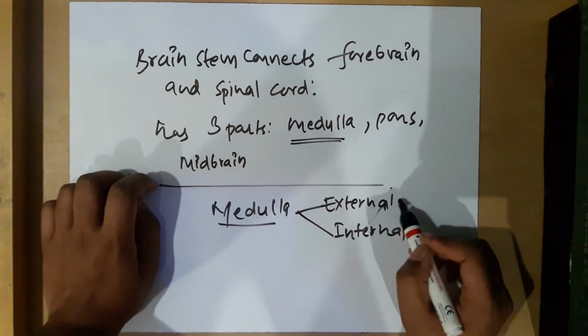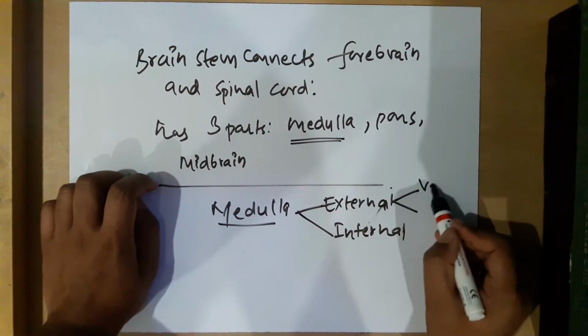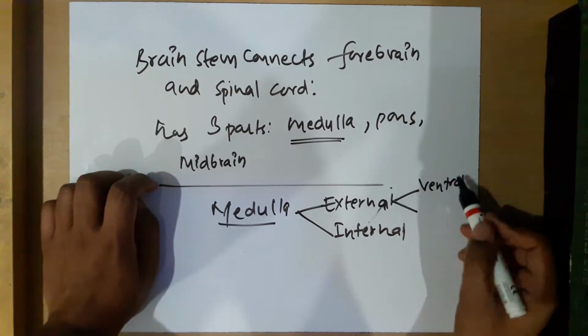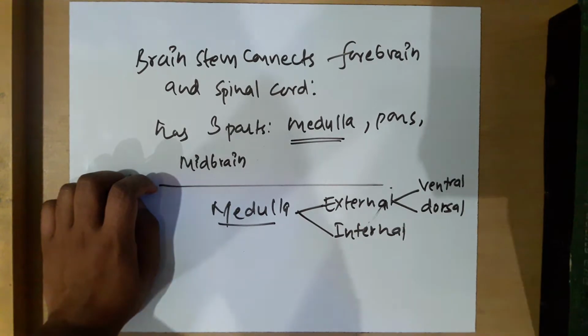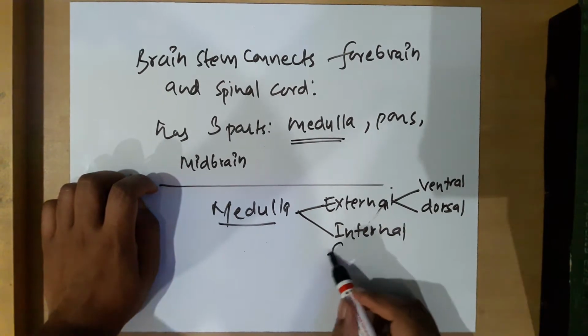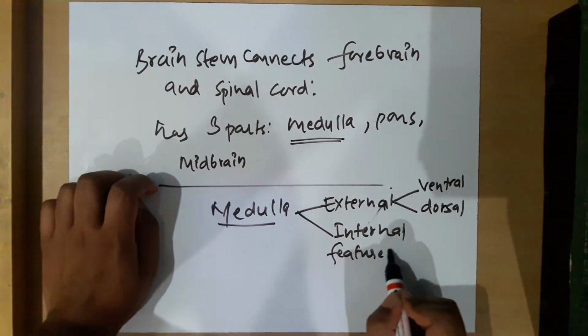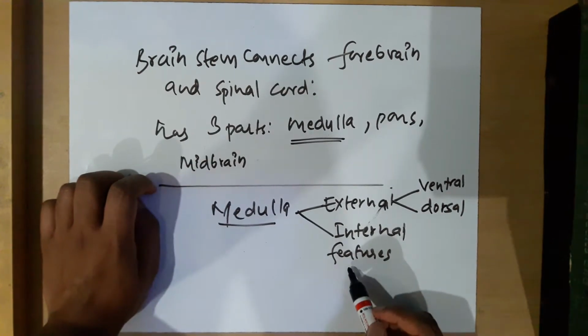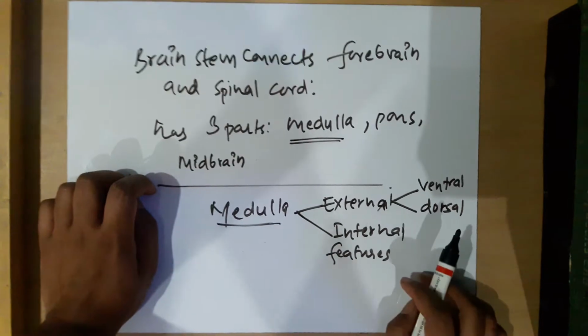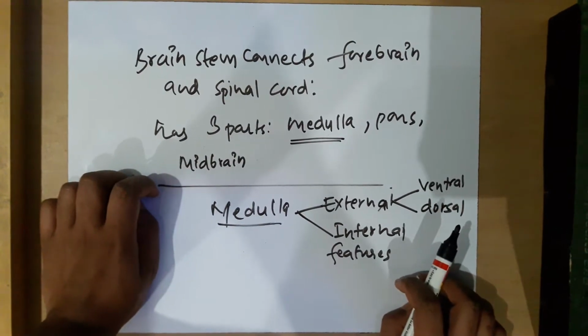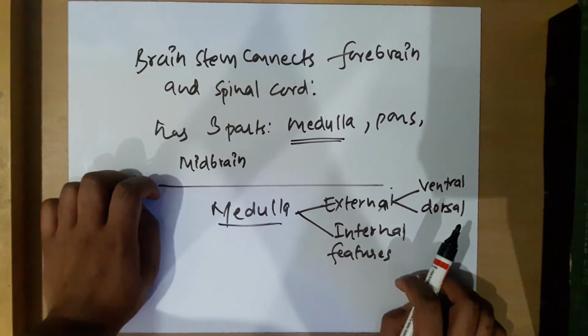External features are further divided into the ventral surface and the dorsal surface. And internal features we'll discuss separately, because the internal features of the medulla differ at various levels. When we take sections of the medulla at various levels, the internal features differ.